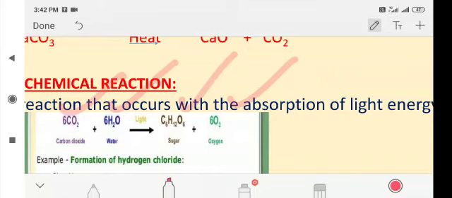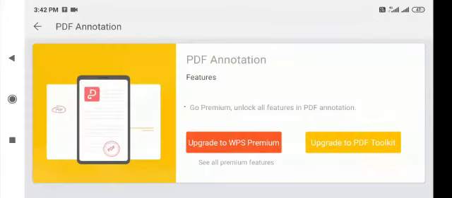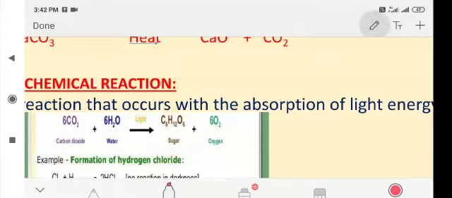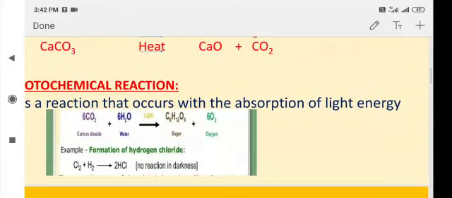And this reaction takes place only in the presence of sunlight. Hence, this reaction is called a photochemical reaction because in this reaction sunlight is used.